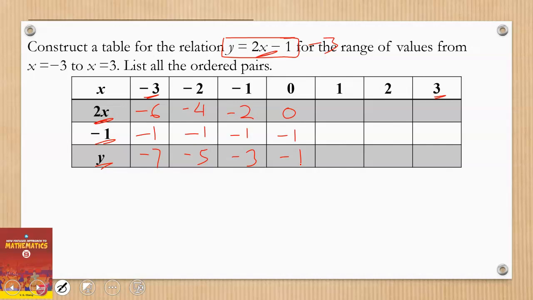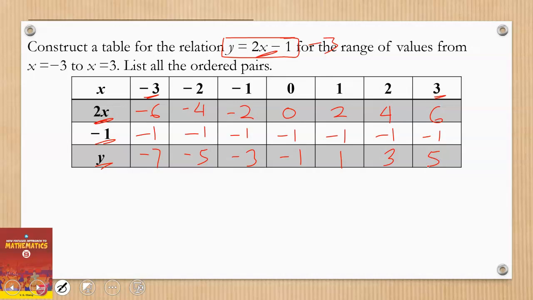So this continues until you fill in all the spaces. So if it is 1, we are going to have 2, then negative 1 will get positive 1. And if it is 2, we get 4, negative 1, and that will give us 3. And finally, if it is 3, we are going to get 6, negative 1, and that will give us 5.